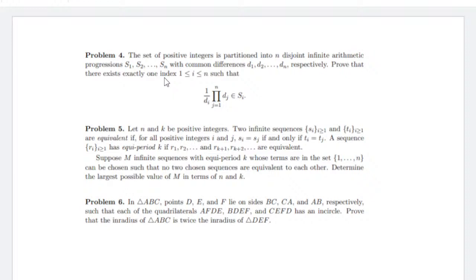Prove that there exists exactly one index such that this is true. Let's give that term a name, like let's say Ai equals the product of all the Di's.